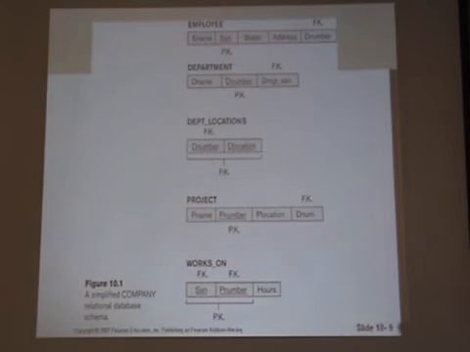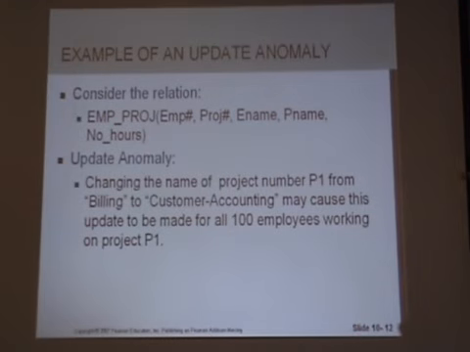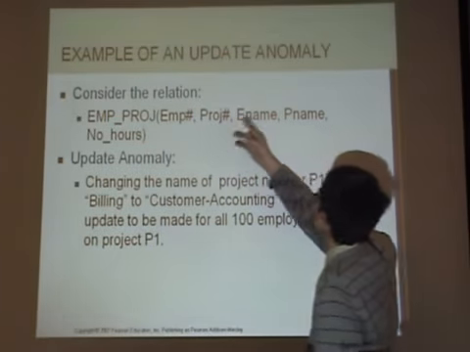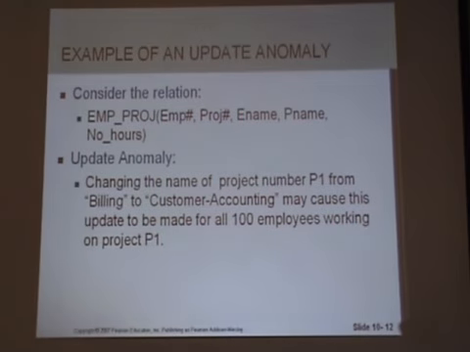What if you have two meanings in the same relation? What can you do? For example, employee_project: employee number, project number, email, project name, number of hours. How many meanings can you find here?